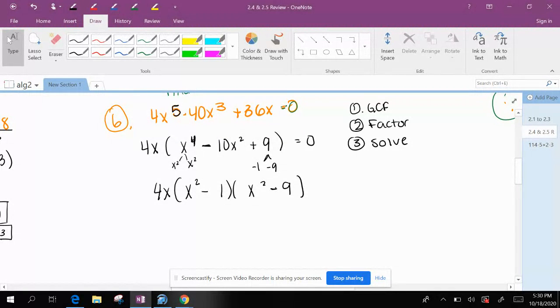Can we break this down any more? Of course, we have x squared minus 9, and 9 is a perfect square. Difference of perfect squares: x plus 3, x minus 3. I can make this x plus 1, x minus 1 as well.